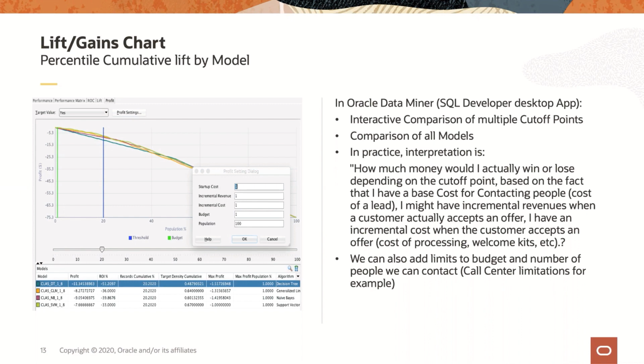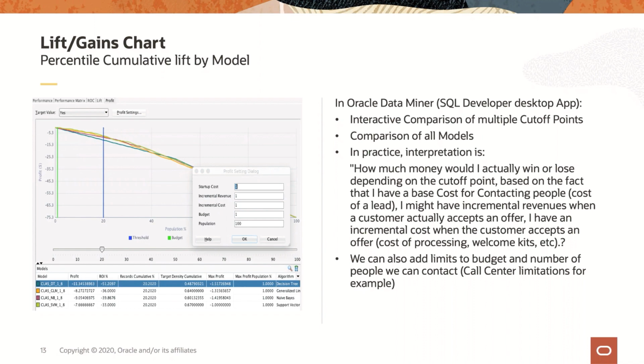You also have an incremental cost, because there is a cost of processing. If the customer accepts my offer, I might have a welcome kit, a free shipping offer, something that's going to cost me, but I'm trying to engage with that customer.